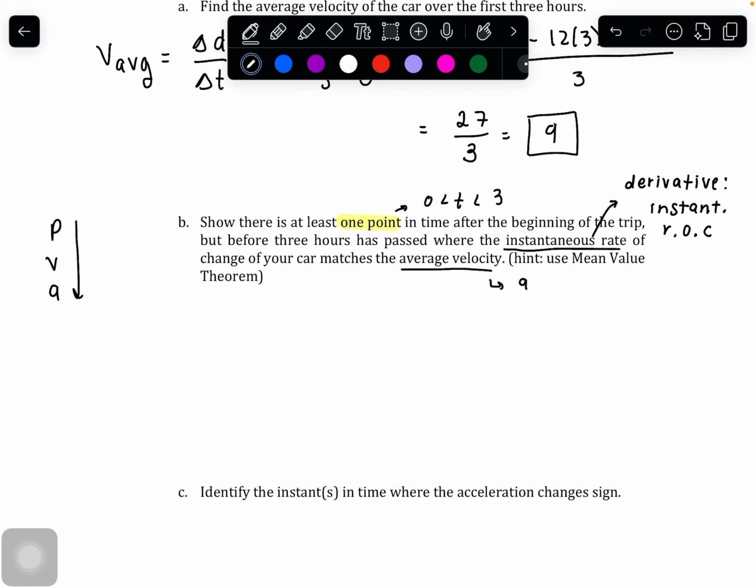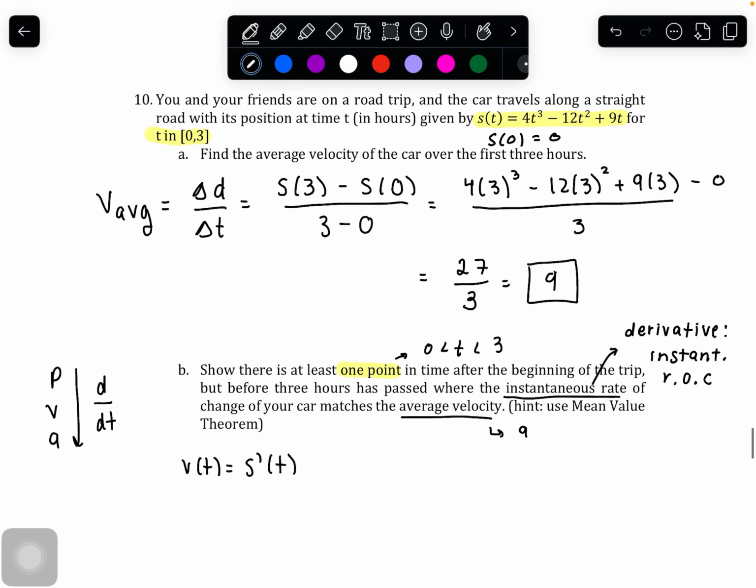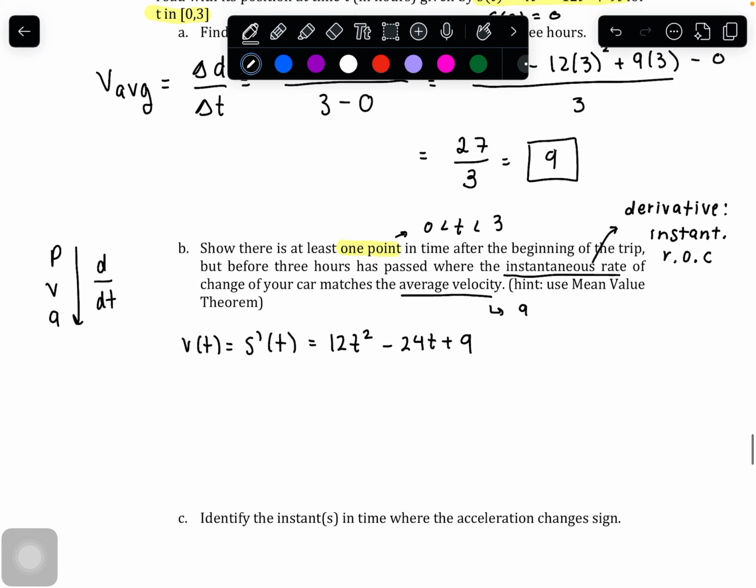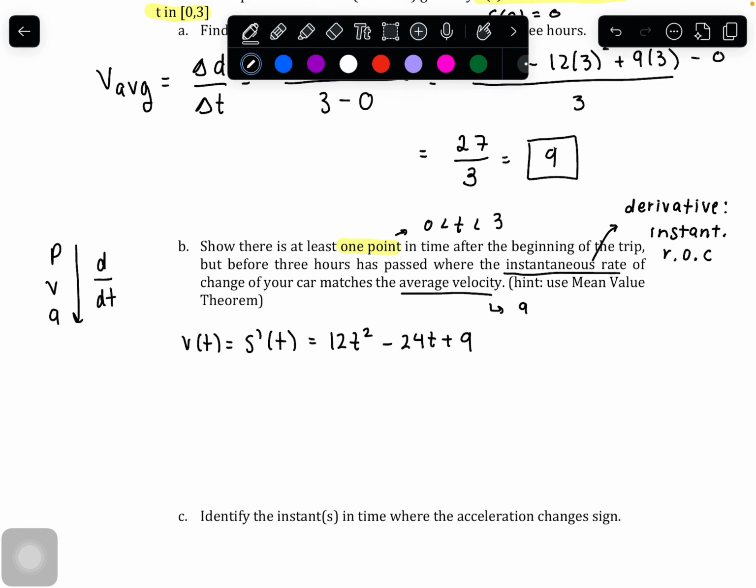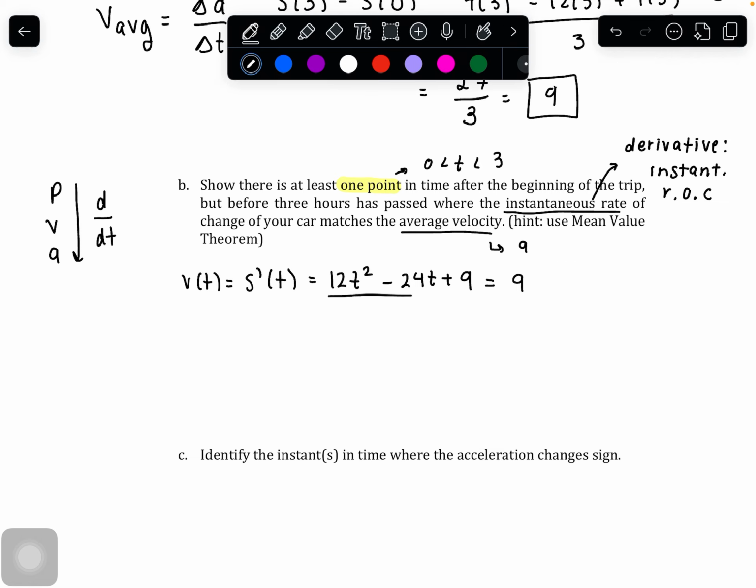If I want to get from one to the other, I take a derivative. So velocity is going to be the derivative of s of t, which is 12t squared minus 24t plus 9. So this question is asking me to find when this is equal to 9. This is the instantaneous.